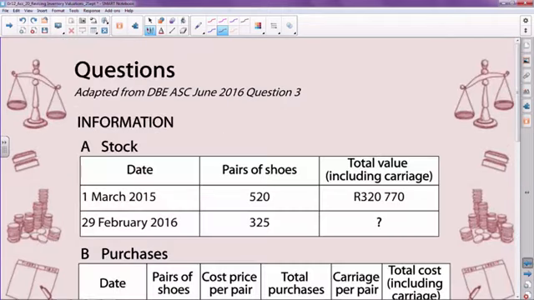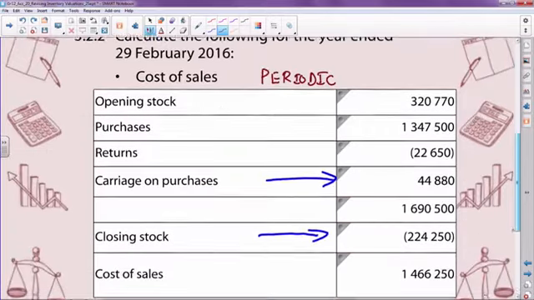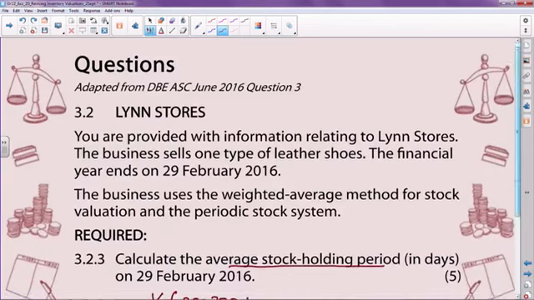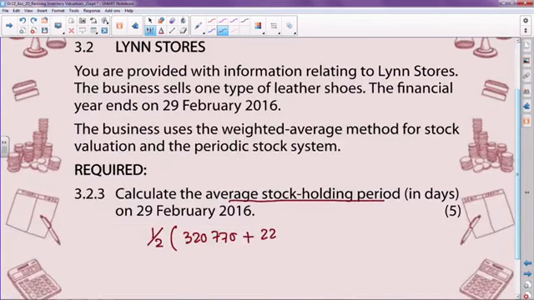You had calculated it: 224,250. And that is over your cost of sales. You're calculating your average stock holding period in days, so remember, it's times 365 over 1 because they want your answer in days.